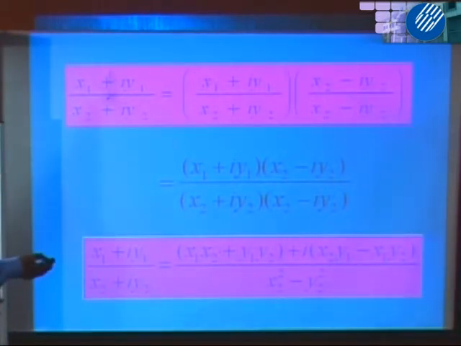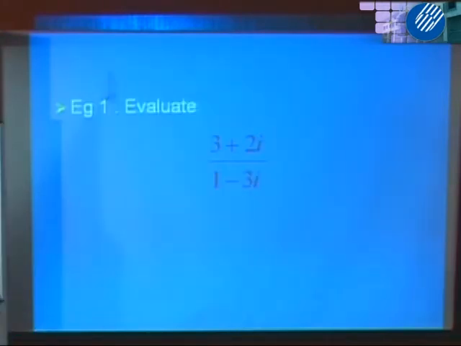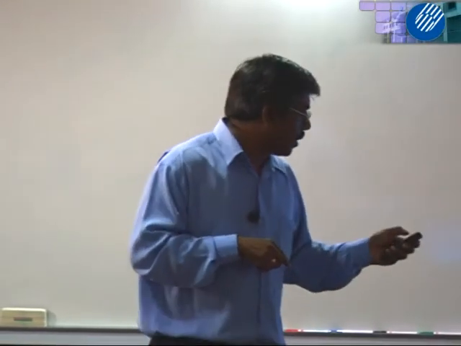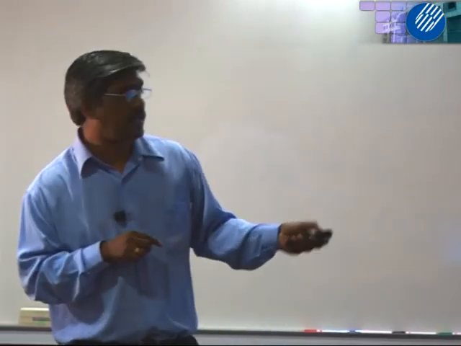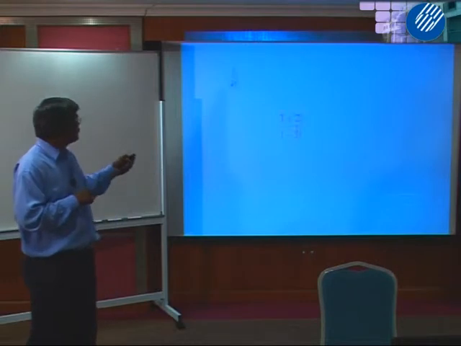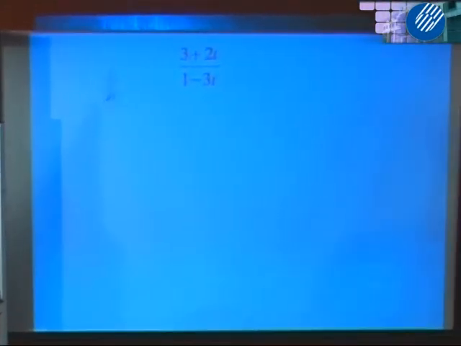So now, if this formula is applicable, let us see how an example works. Say this is a question that we have: 3 plus 2i divided by 1 minus 3i. There is a complex number in the denominator. Therefore, in order to evaluate this expression, we look at the solution in this manner. 3 plus 2i divided by 1 minus 3i is the question.